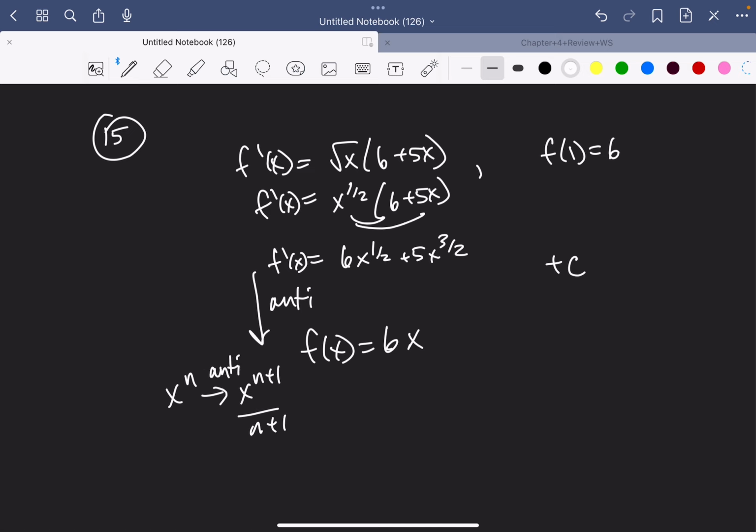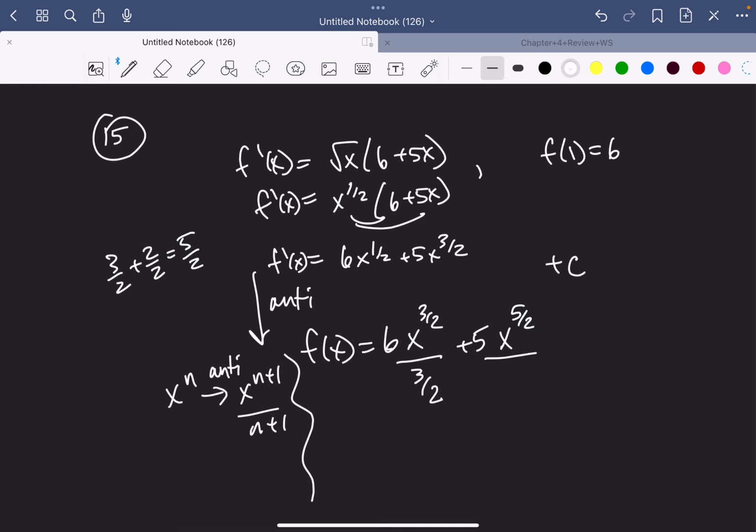And so when we do that, we get x to the 3/2 over 3/2. We pull out a 5, and we add 1 to 3/2. We get x to the 5/2 over 5/2. And don't forget your plus c.